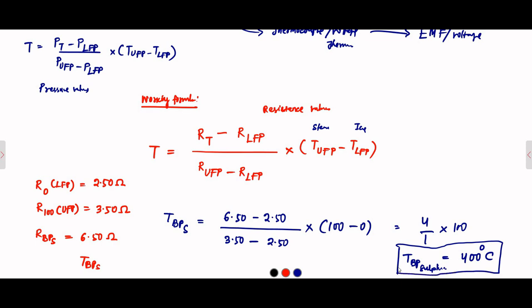Okay. So this is the main working formula for electrical resistance based thermometer.